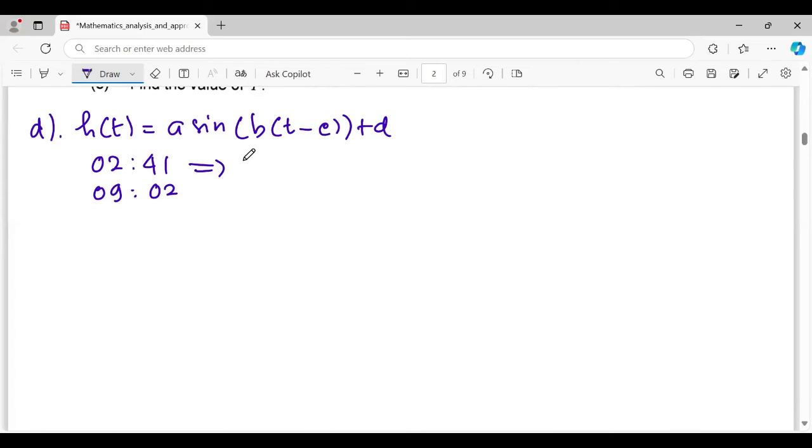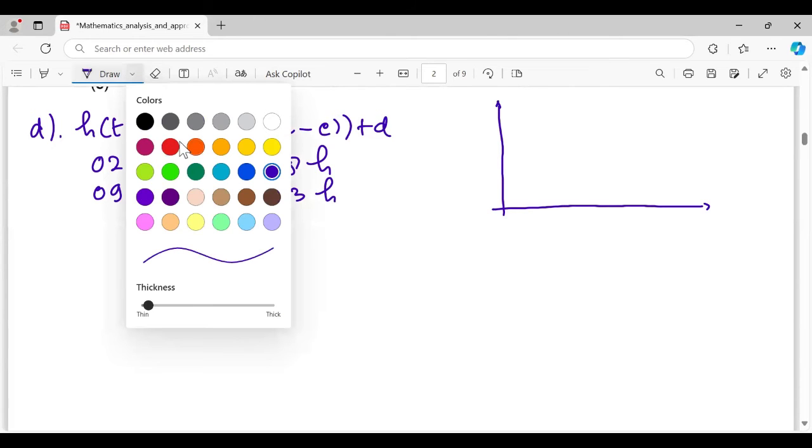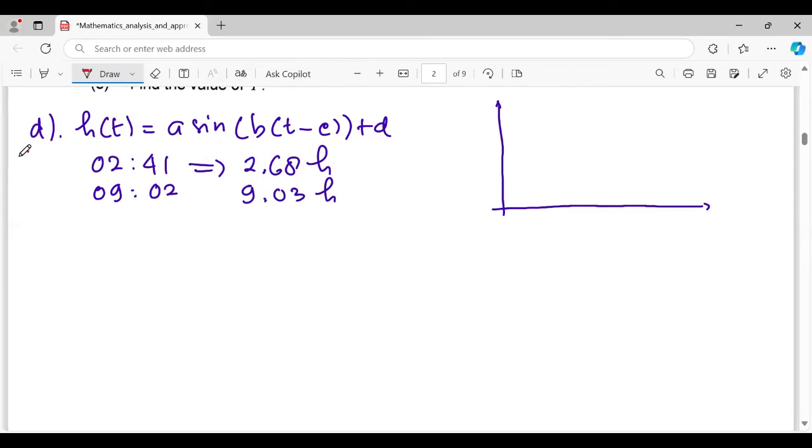I will convert to decimal, it becomes 2.68 hours and 9.03 hours. I will also create, based on the previous function, the graph like this.